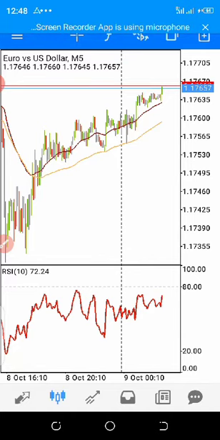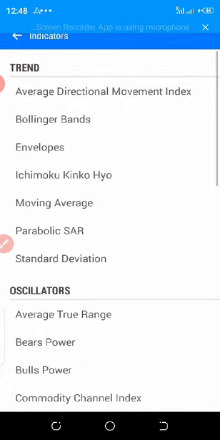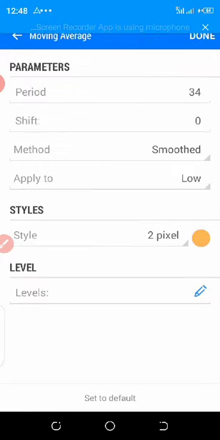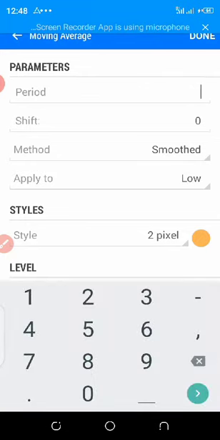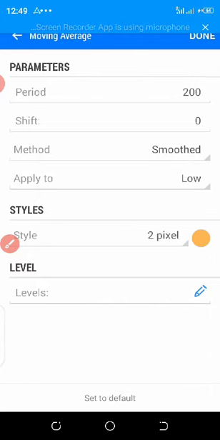Lastly, what you need to do, go back to the moving average. This is the most important aspect of it. Go back to the F button, go back to the main chart again, look for the same moving average. You change this to 200. You change the apply to, this is the apply to here, you change it to open.